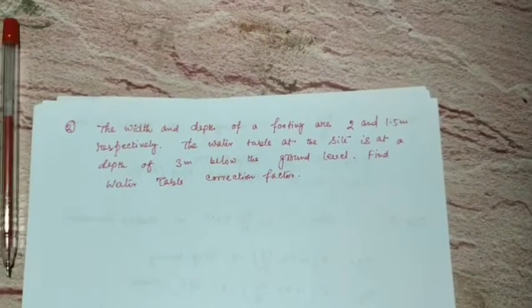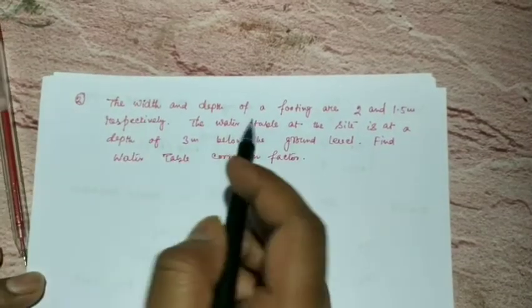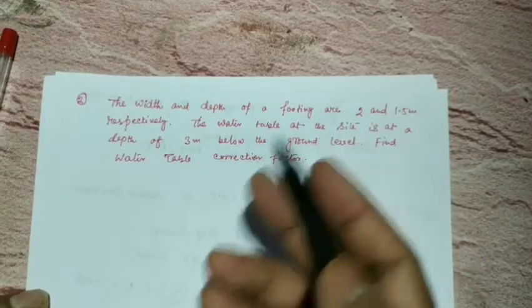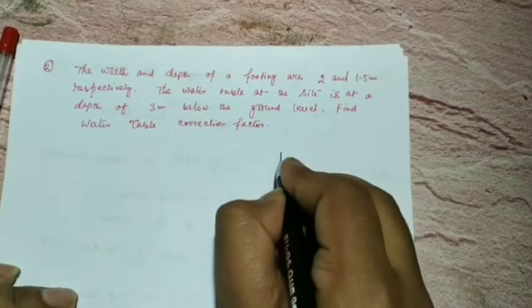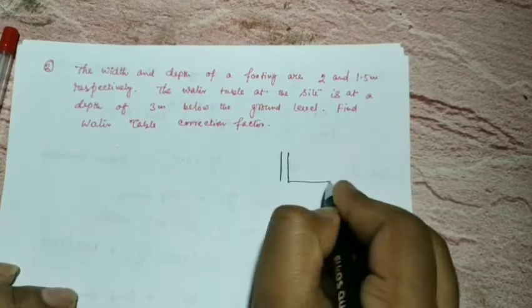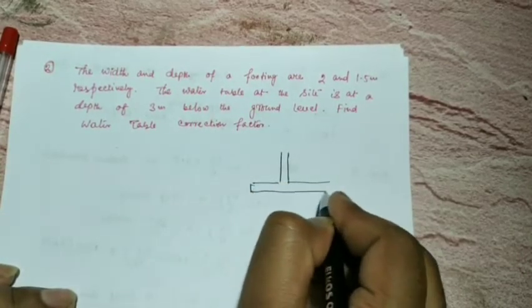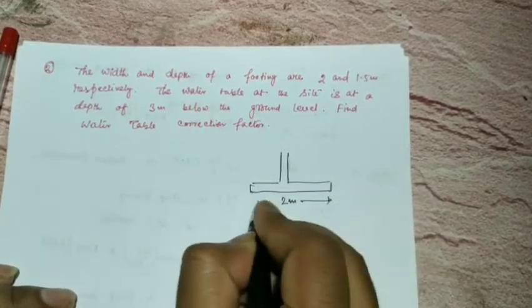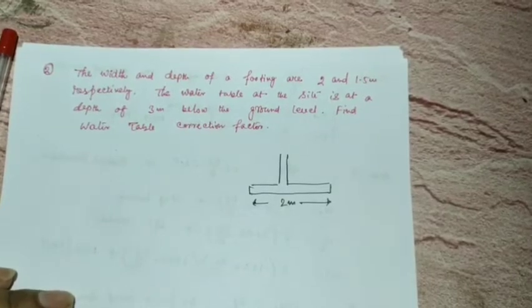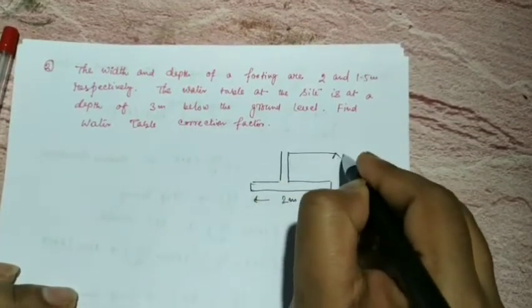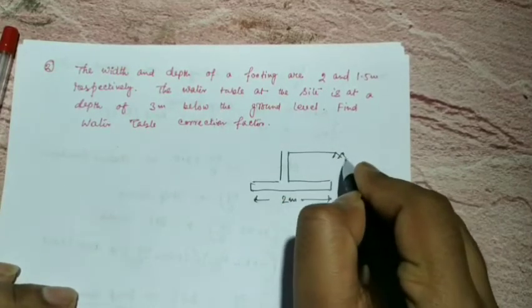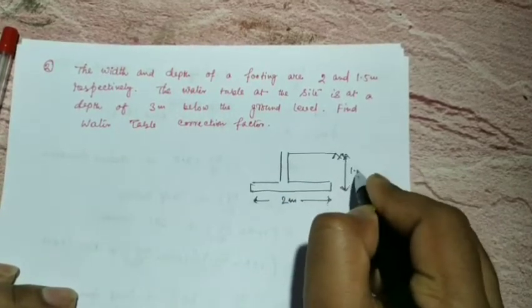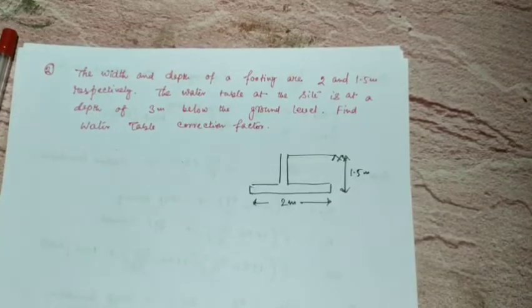So the question, the width and depth of a footing are given as 2 meter and 1.5 meter. Suppose it is a footing. Width given as 2 meter and 1.5 meter depth. That means this is 1.5 meter, and the water table is present at a depth of 3 meter below the ground level.